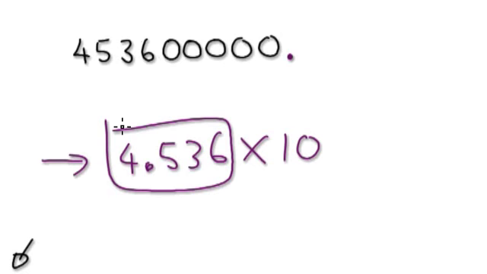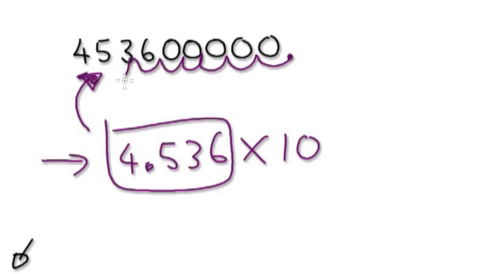We need to get this number to be bigger. At the moment the decimal is here, 1, 2, 3, 4, 5, 6, 7, 8. So it's to the power of minus 8.